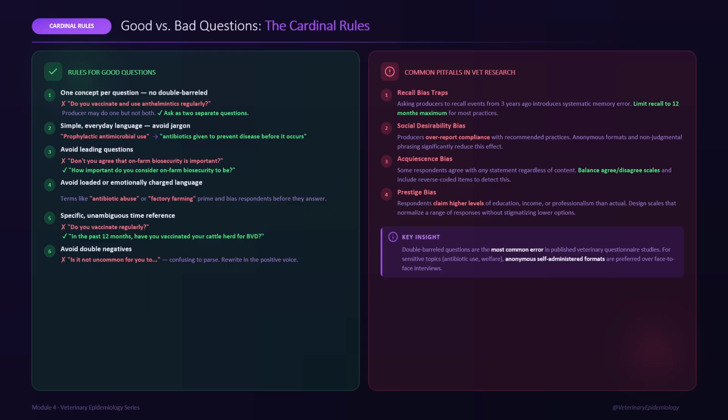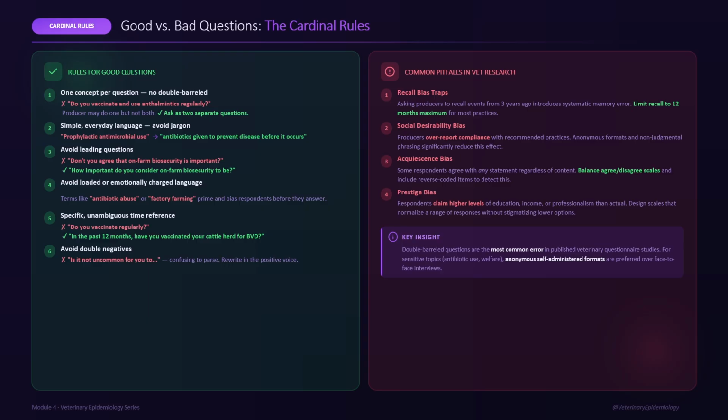Wording also has to defend against response biases. Recall bias creeps in when you ask producers to remember events from years ago. Keep recall windows to about 12 months for most practices. Social desirability bias leads producers to over-report compliance. Anonymous, non-judgmental formats reduce it.